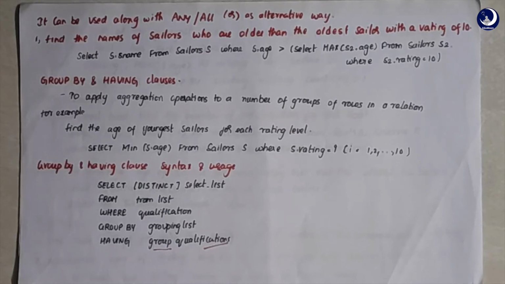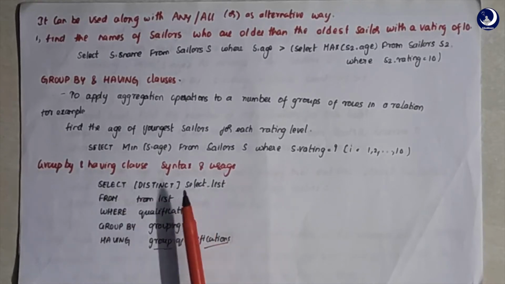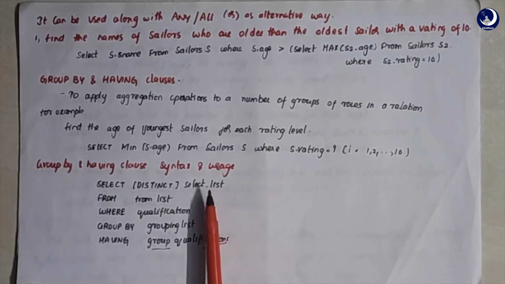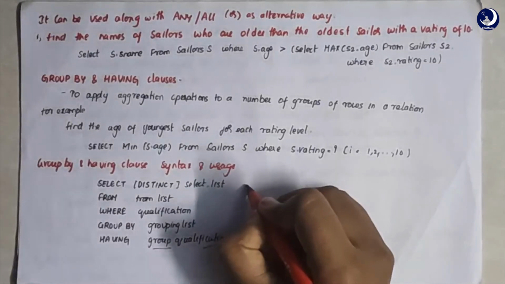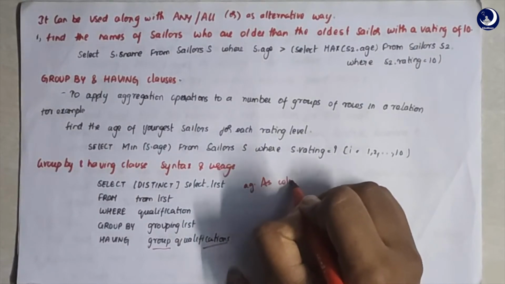The evaluation strategy of this syntax would be, first, the attributes or the columns that are in the group list should be there in the select list. That means first we will select some columns from the select list. Now the select list will have the column names and also the columns in the form of an aggregate operator as a column name.